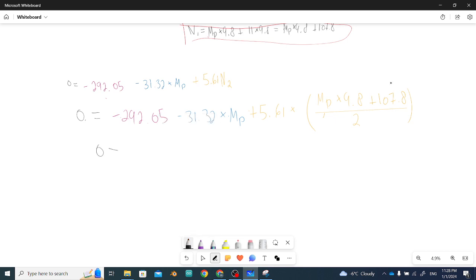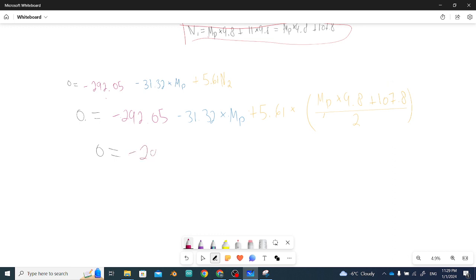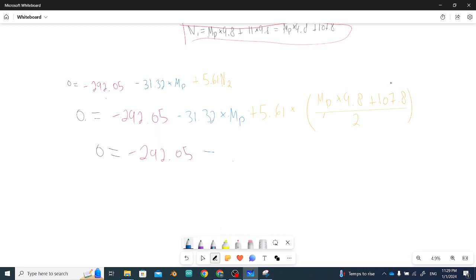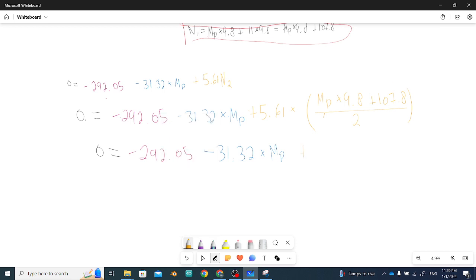Now let's simplify all that. Negative 292.05 minus 31.32 times mass of the painter, and now I'm just going to multiply.